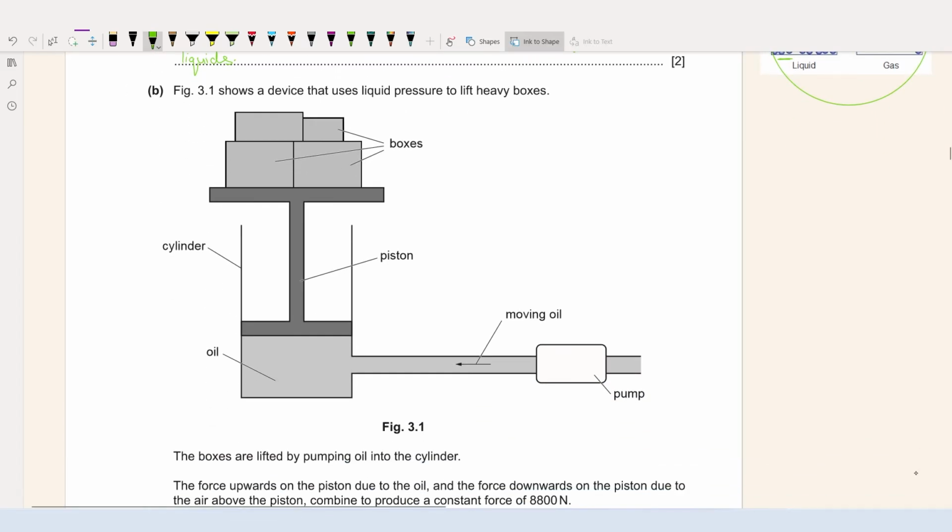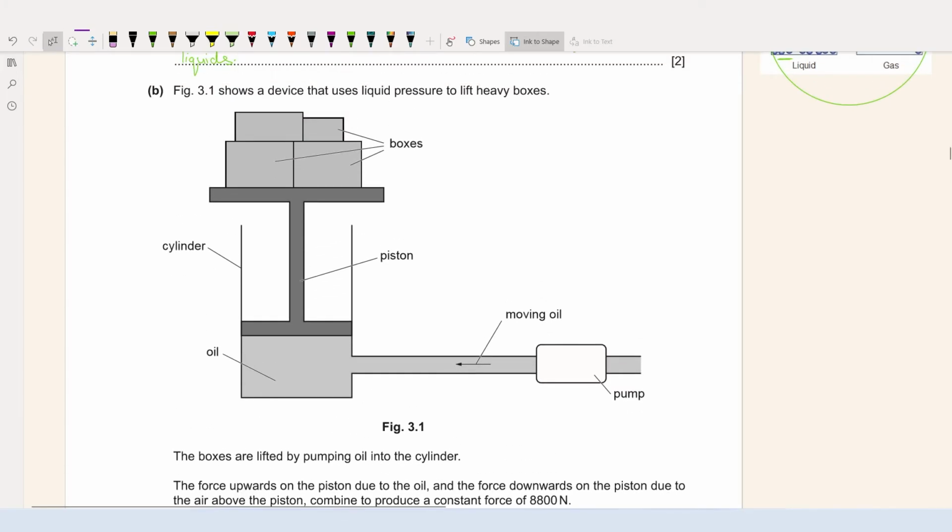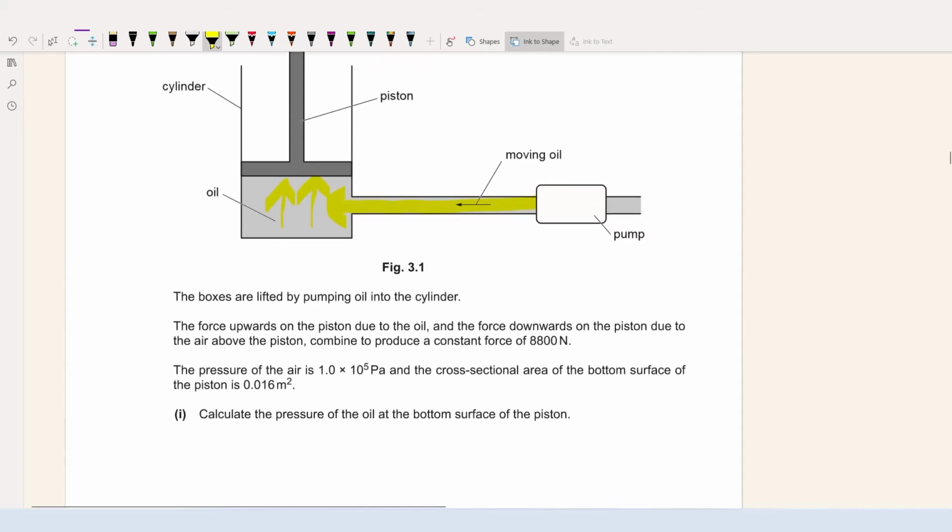Part B says figure 3.1 shows a device that uses liquid pressure to lift heavy boxes. And the diagram is here. The pump moves the oil here and the oil applies the force upwards. The boxes are lifted up by pumping oil into the cylinder.